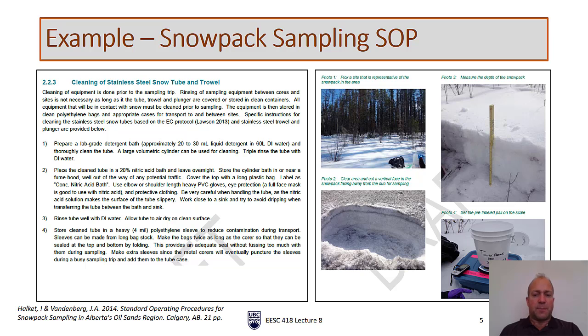So I've got a couple of examples here. These are examples that I've worked on that I really like. So this is a Snowpack sampling SOP. This was prepared by a gentleman by the name of Ian Halkett, and I was assisting with this. And he did a really nice job of preparing this SOP. This was for sampling snowpack chemistry around oil sands mines. And so as you can see, he's used a lot of photographs on the right.